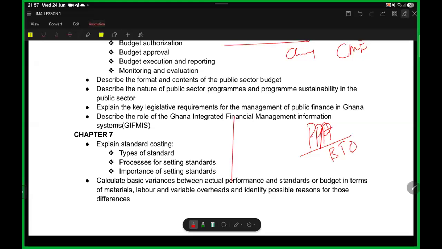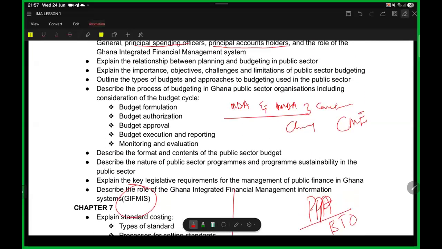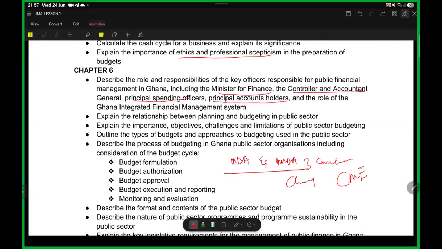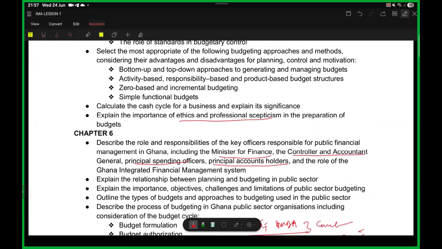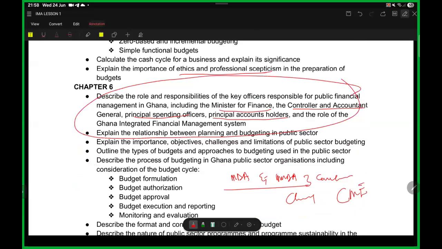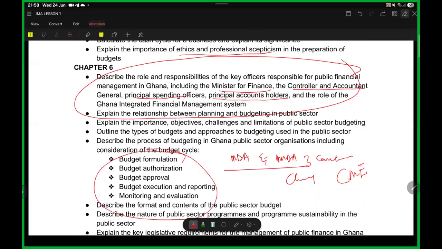Be reading about the Ghana Integrated Financial Management System, which is the GIFMIS. The materials are already shared with us. You will also read about the functions of the president, the minister of finance, and the accountant general. Read around them. Know the budgeting process. My focus on setting the question for you was on the calculation aspect of it.